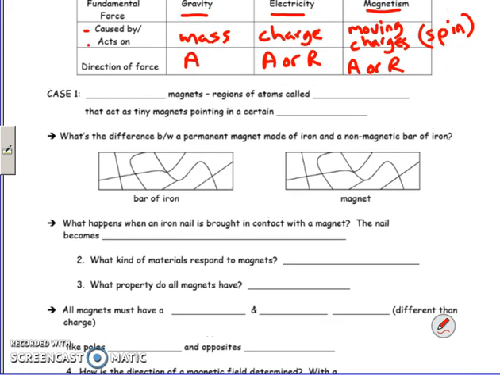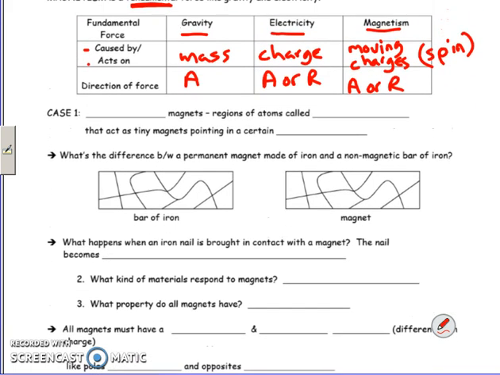So let's take the first case, the one we're most familiar with, but really the most difficult to understand, and that's called permanent magnets. Okay, those are the magnets you have with your toys or use on a refrigerator. It's a material that stays permanently magnetic. Okay, and to understand how a permanent magnet works, and here we have representations of a magnet versus a bar of iron, I'm going to look at these things.